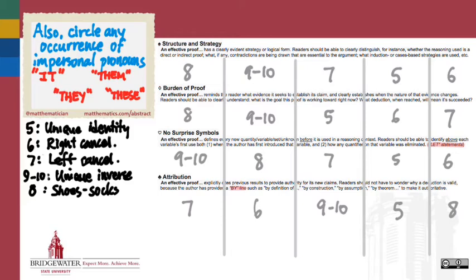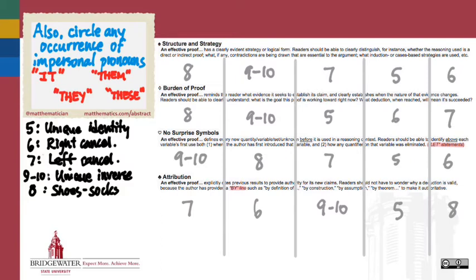I'm particularly interested in what happened between the first 3 of these dimensions and the 4th. There's almost a complete reversal in the proofs that were rated more highly and the proofs that weren't rated as highly. The proofs that didn't do these 3 as effectively did attribute the authority of their claims the best. So I think that's really fascinating.